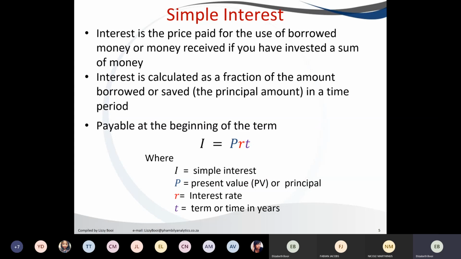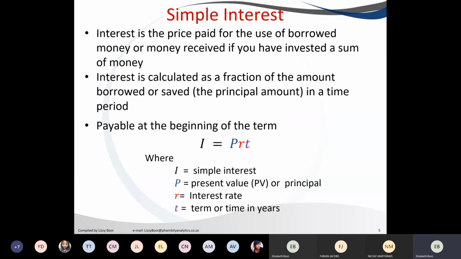So for example, if they give you the period and they say you want to borrow money and pay it back in 6 months. 6 months is not a year, so you need to convert that into a year by dividing by the number of months. If you want to pay that amount in 1 quarter, a quarter is not a year, you will need to divide that by 4 to get it to a year.